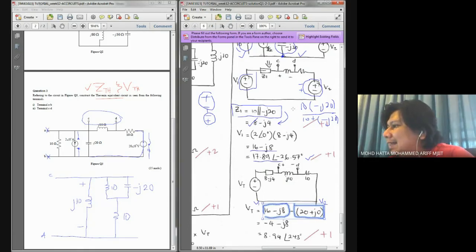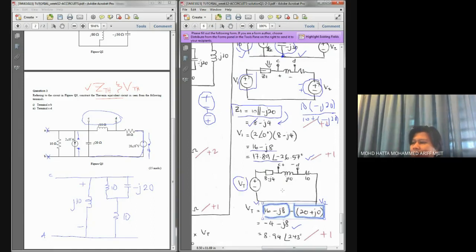In this case, it is in opposite direction, which means that we need to subtract V1 and V2. If you subtract V2 minus V1 also can, because at the end you will get the same answer as you see over here.